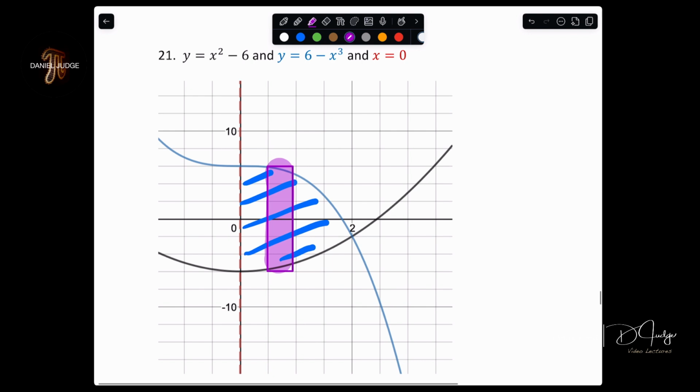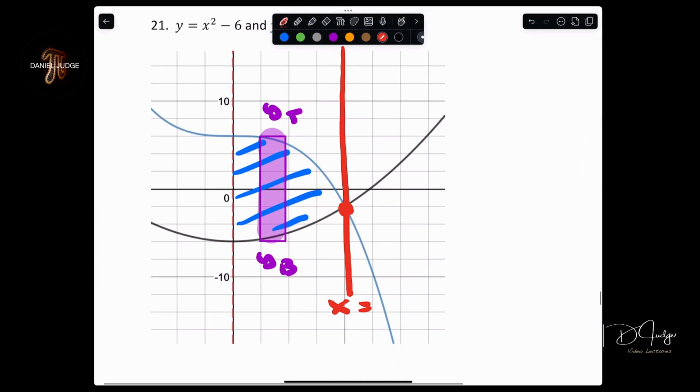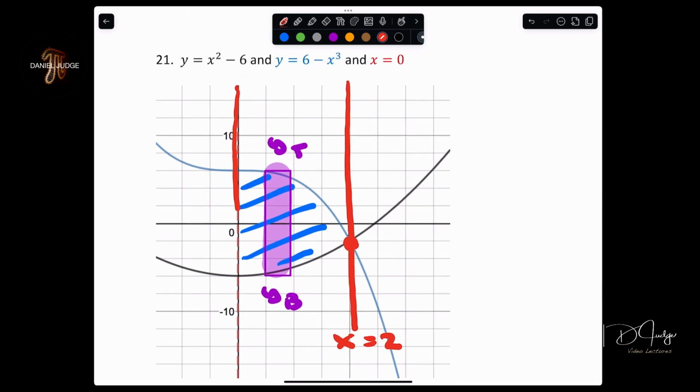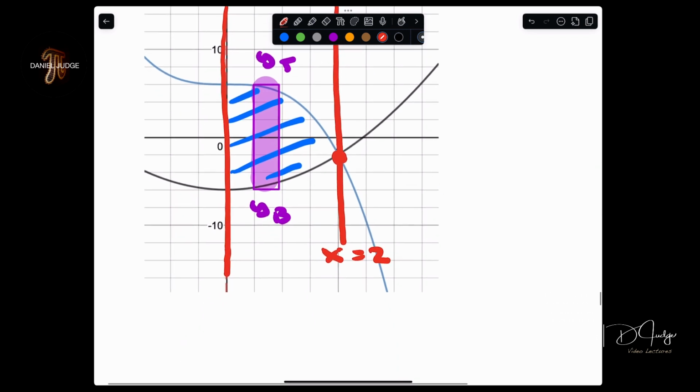And so that's going to be your y top minus y bottom. And what's even nice here is the curves here. This is the line x equals 2. And they gave you the x-axis when they said x equals 0. So not too shabby.